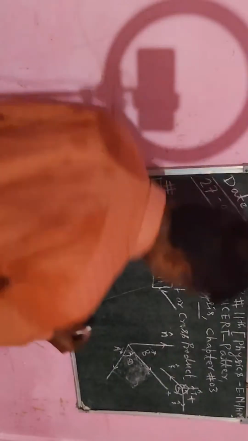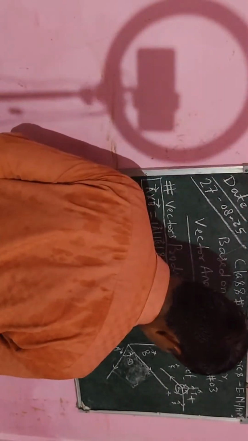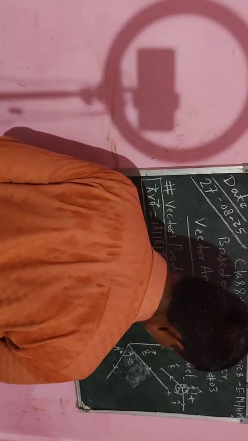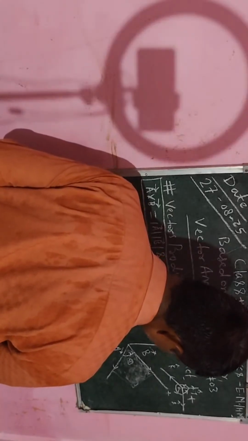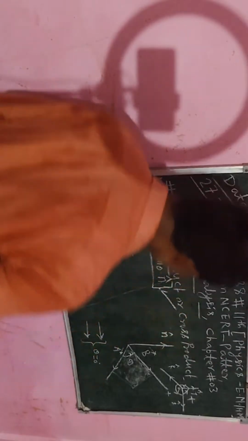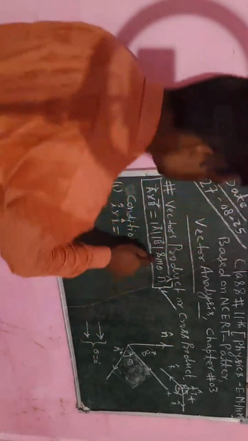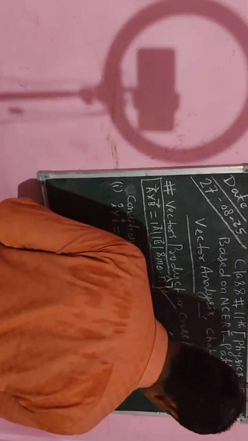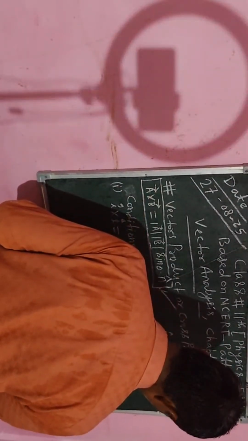Since one vector is I and the other vector is also I, the angle between these two vectors will be 0 degree. So sin 0 degree is equal to 0. Okay student, so its value will be 0.